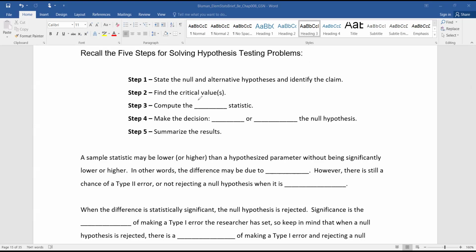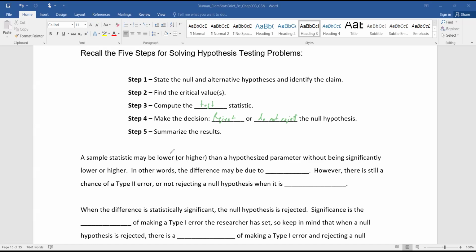Step 2, we find the critical values. Step 3, we compute the test statistic. In step 4, we make a decision to either reject or not reject the null hypothesis, and step 5 is to summarize the results.